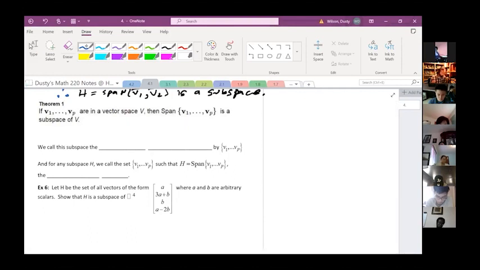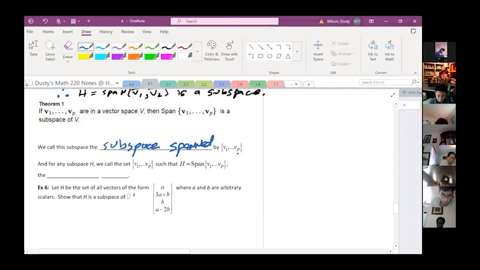And so we call this subspace the subspace spanned by V1 to VP.